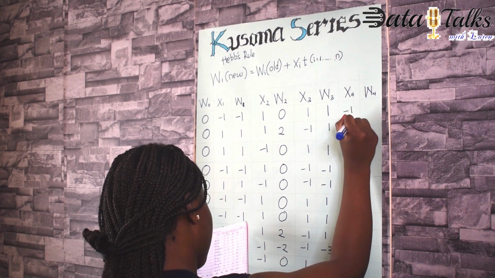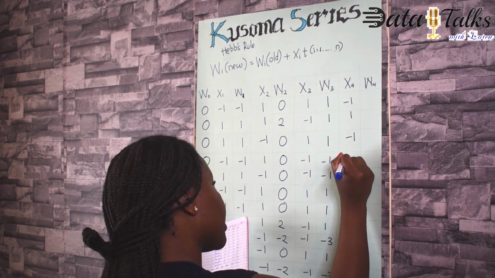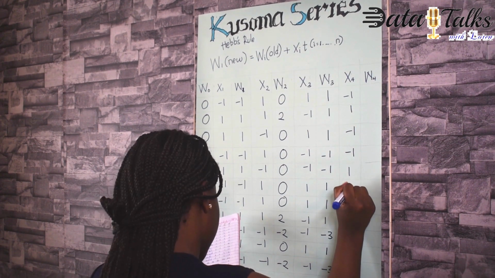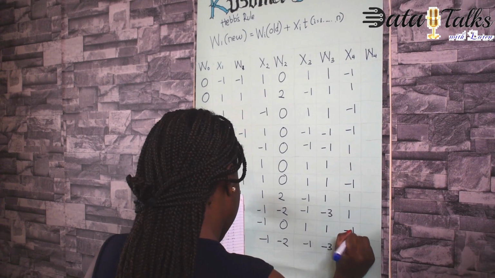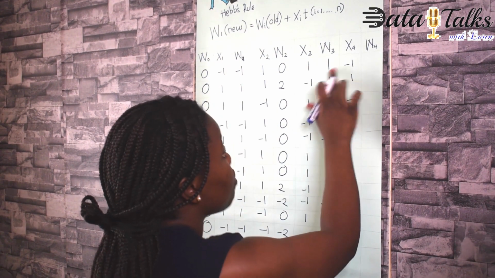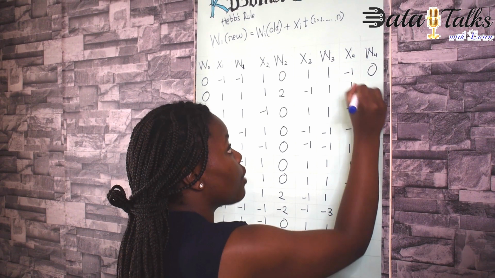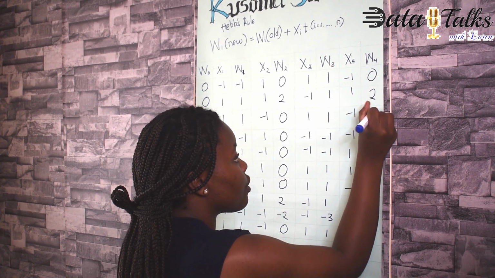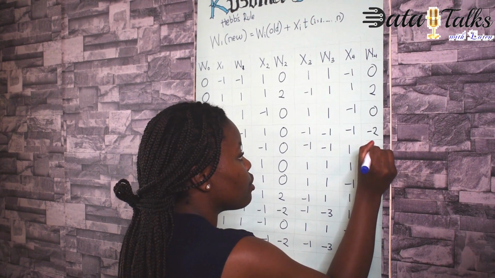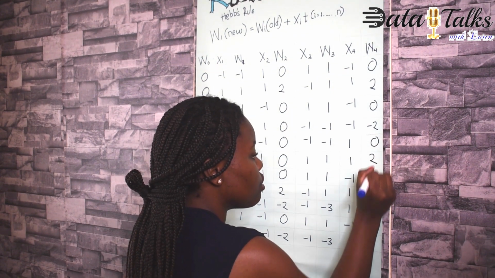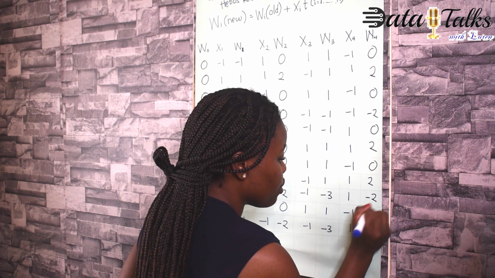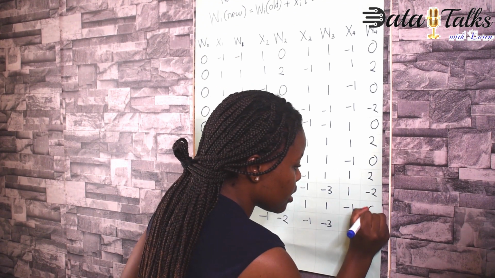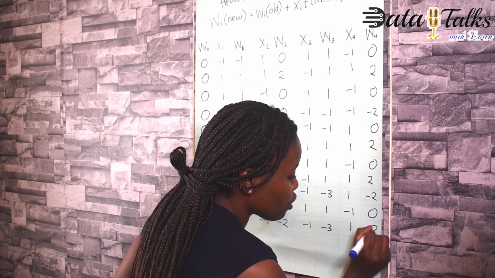negative 1, 1, negative 1, negative 1, 1, 1, negative 1, 1, 1, negative 1, 1. So W4 would be 0, 2, 0, negative 2, 0, 2, 0, 2, negative 2, 0, negative 2.